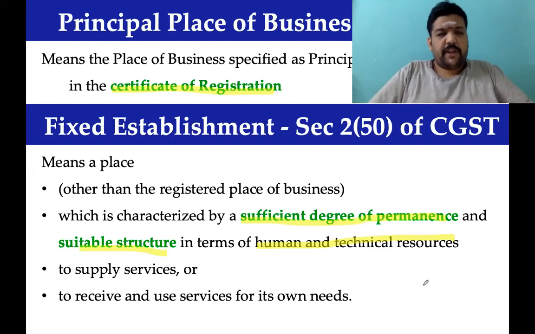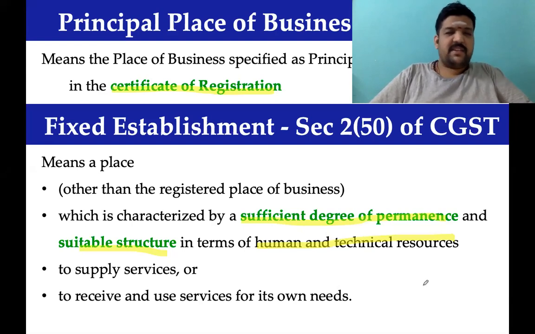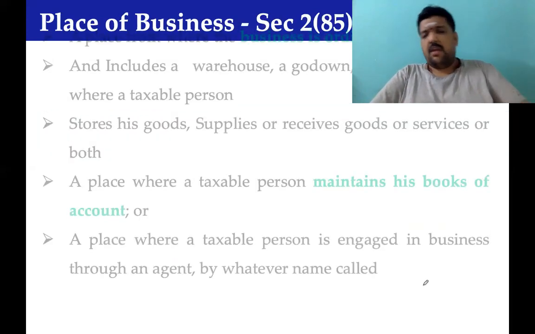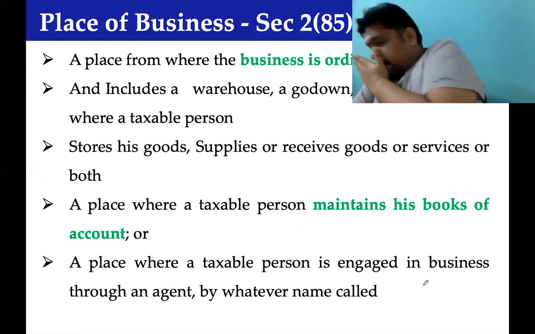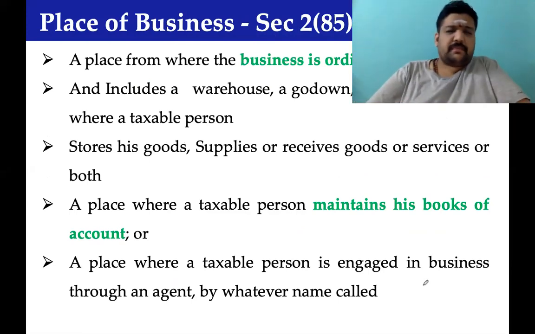So, points for our discussion. In case of service industry, this definition gets its moment. From a goods industry, this definition is not much important. After reading the terms location of supplier of service and location of recipient of service, we will give a lot more weightage to this term.